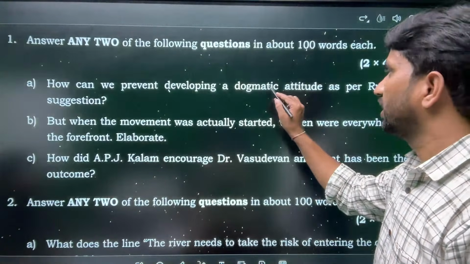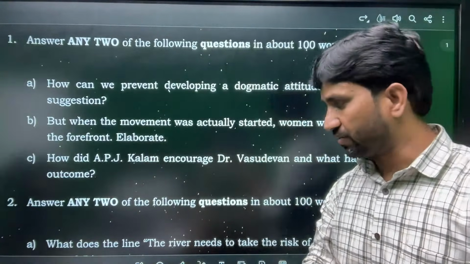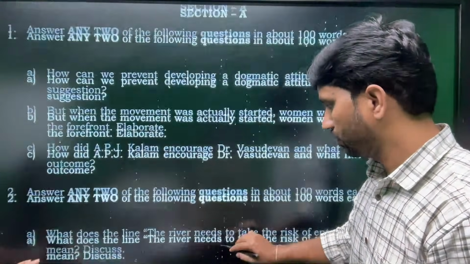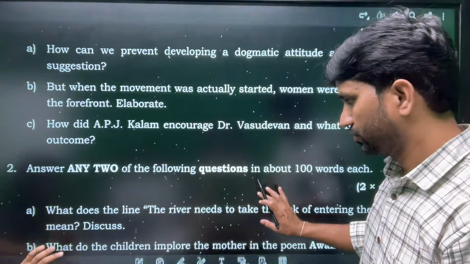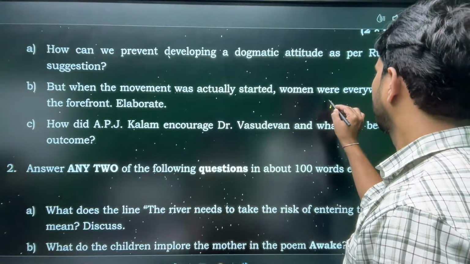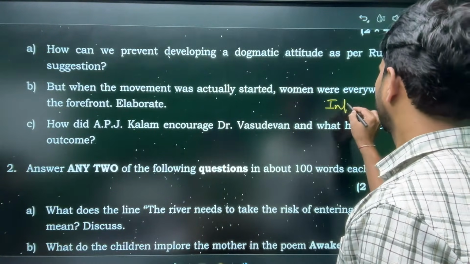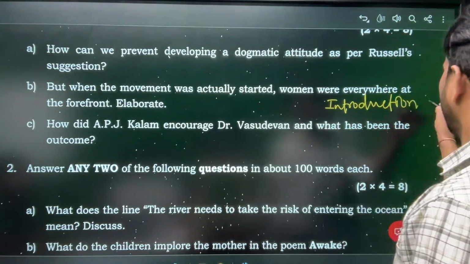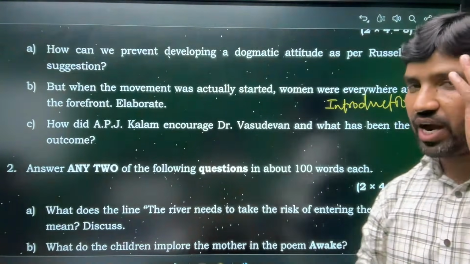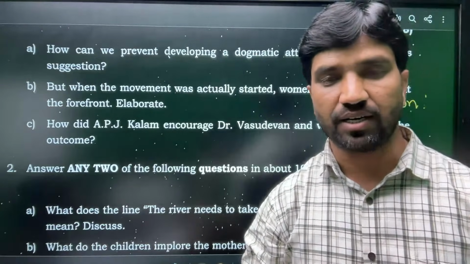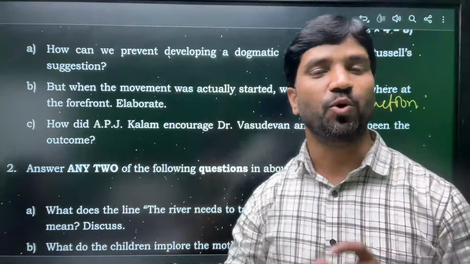Then how to write the introduction. First we used to write the introduction. This question has been taken from the lesson, because all 3 questions come only from lessons.